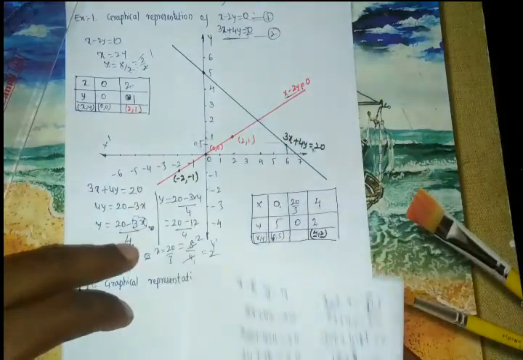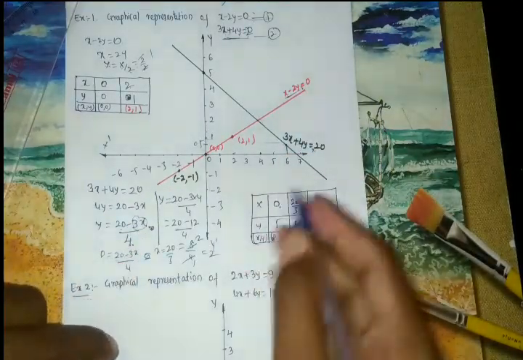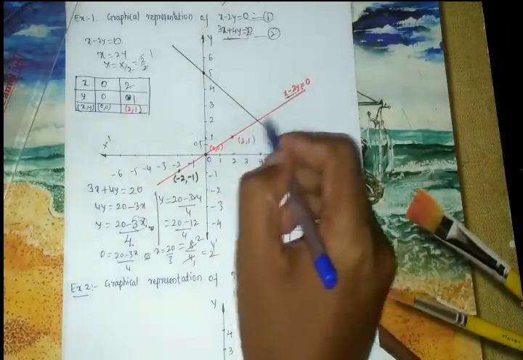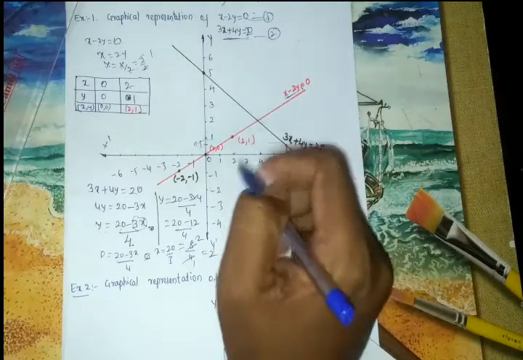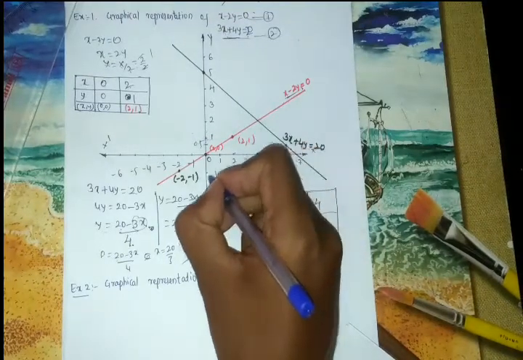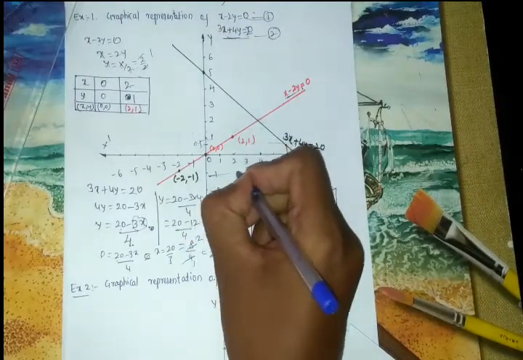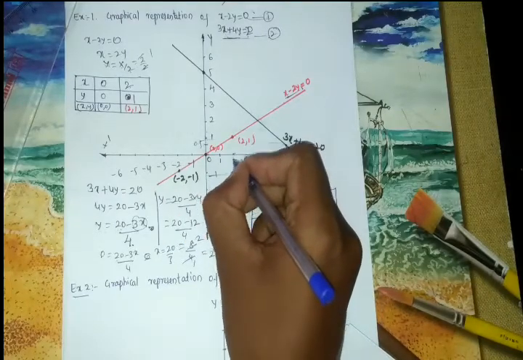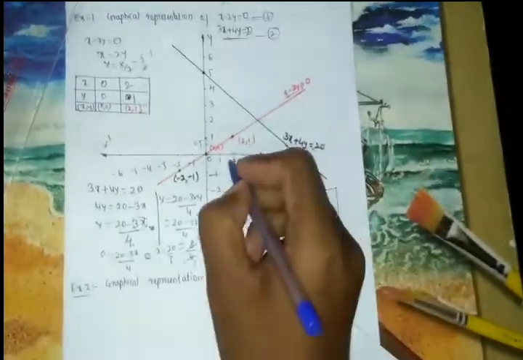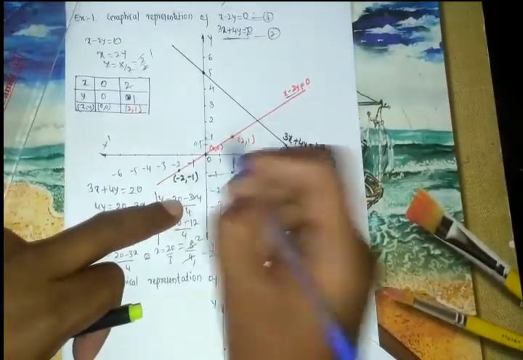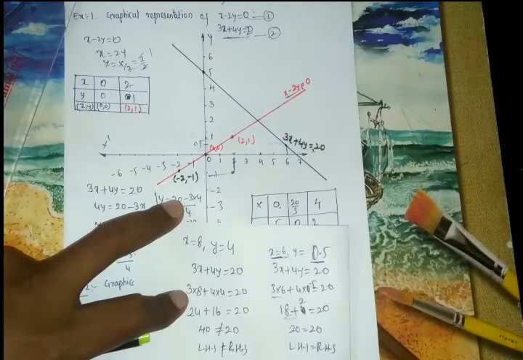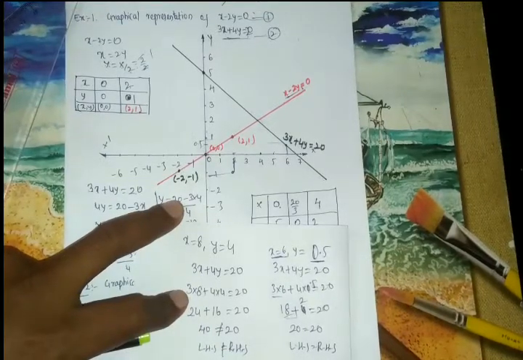Okay, so if I take any other random point other than those on the line, say let me take this point, x equals 2, y equals -1.